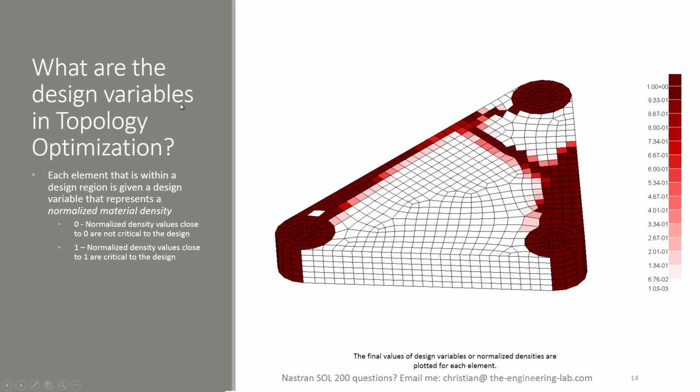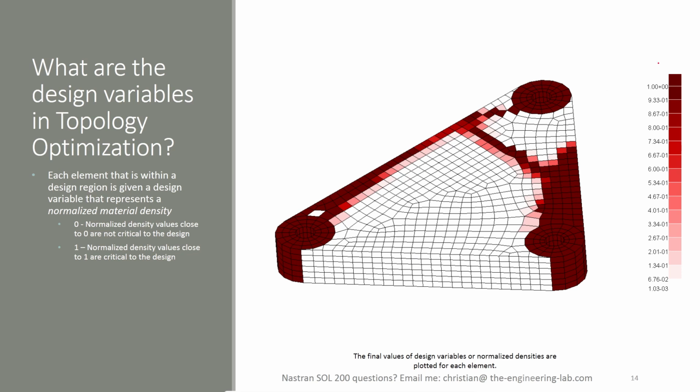The other common question is, what are the design variables in topology optimization? One thing you'll find out when you perform your optimization, Nastran is not deleting and adding elements. What happens instead, each element is assigned what's called a normalized material density. Think of the normalized material density as sort of a scale of importance.